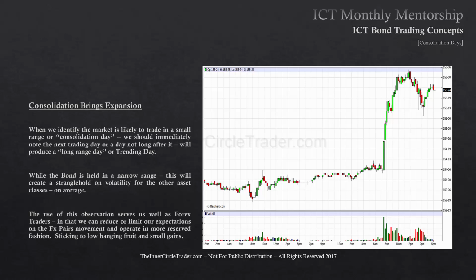There's going to be a move out of this consolidation, and when we leave consolidations, it tends to be a trending environment. The longer the consolidation, and it's been many months this year, we have seen consolidation take place in the bond market. When it leaves the range, it will have a protractionary state where it moves in a trend.